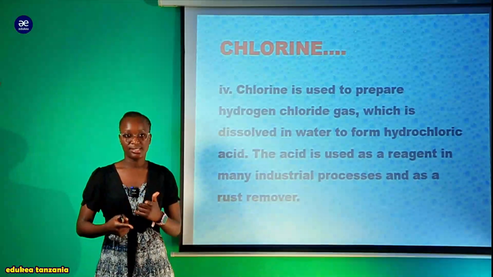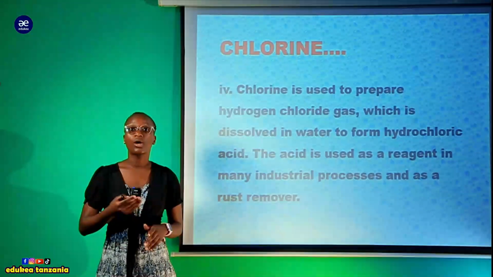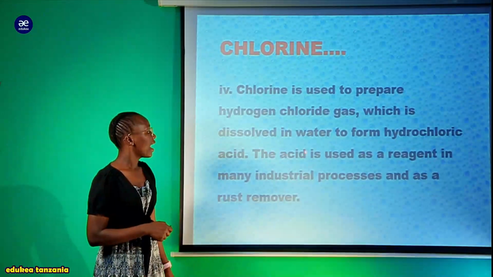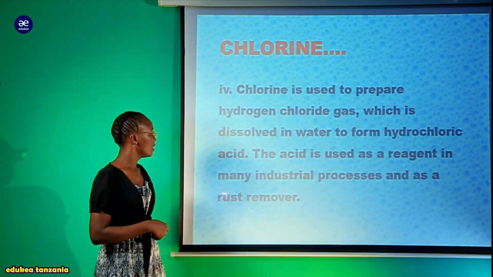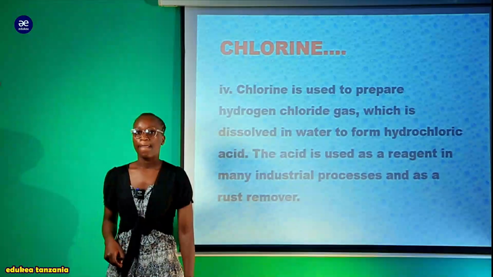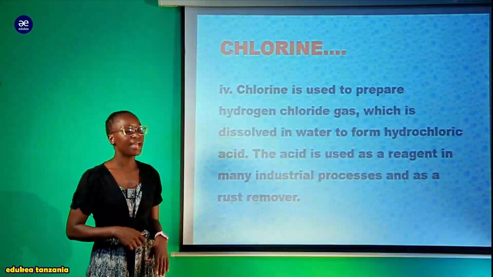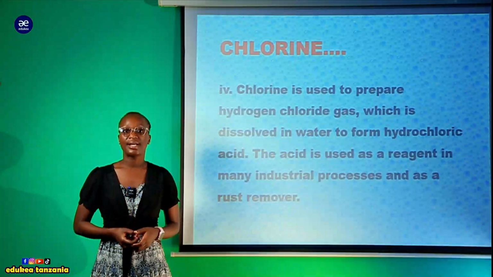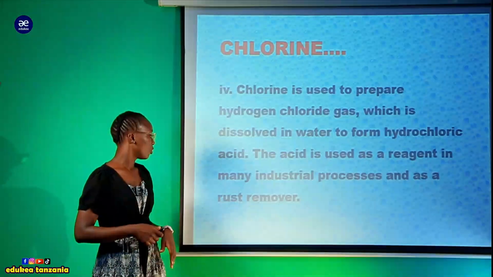So hydrogen chloride gas akidissolve kwenye maji ndio tunaenda kupata hydrochloric solution. So the acid is used as the reagent in the many industry process and as the rust removal. Kumbe hii product ambayo ni hydrochloric acid reagent inatumika katika shughuli nyingi za viwandani, vile vile katika rust removal.